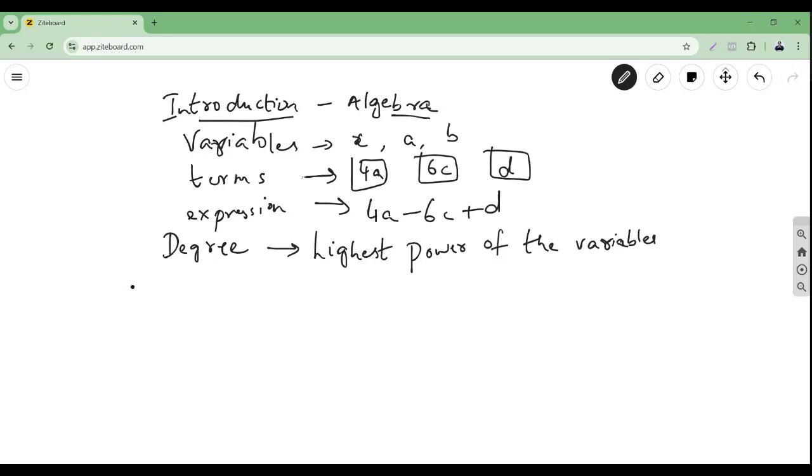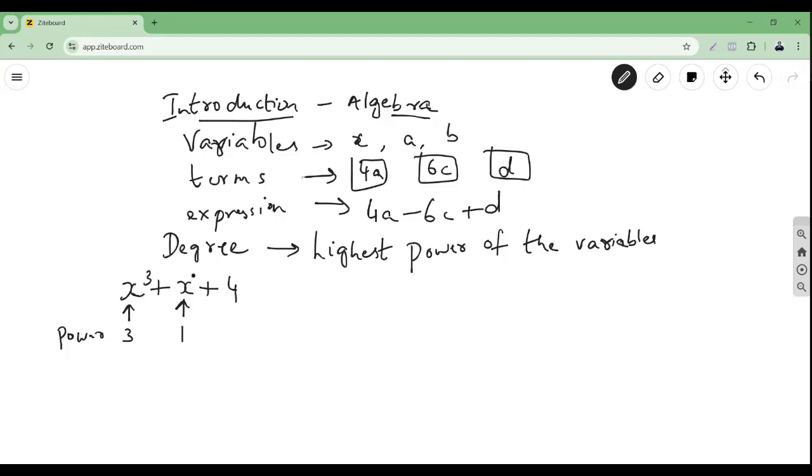For example, if I have x cube plus x plus 4, okay, this is a variable and this is the same variable. Here the variable has a power of 3 in this term. In this term, the variable has a power of 1.